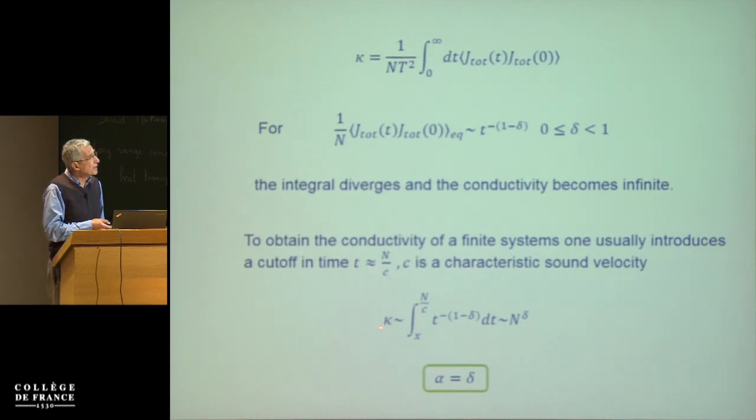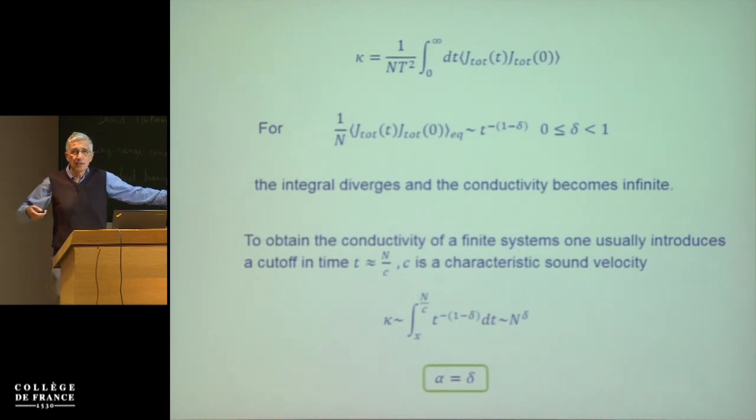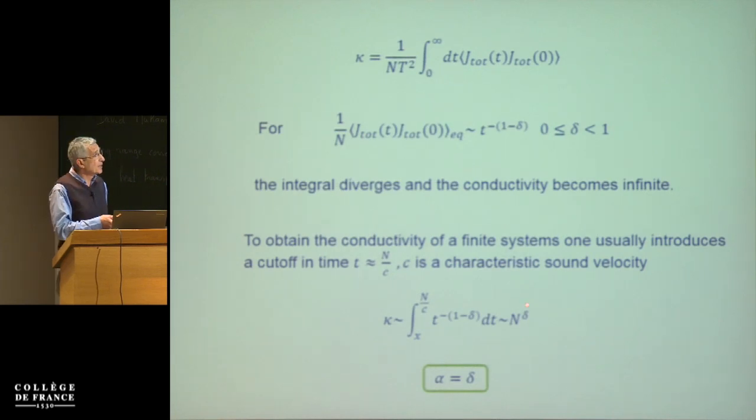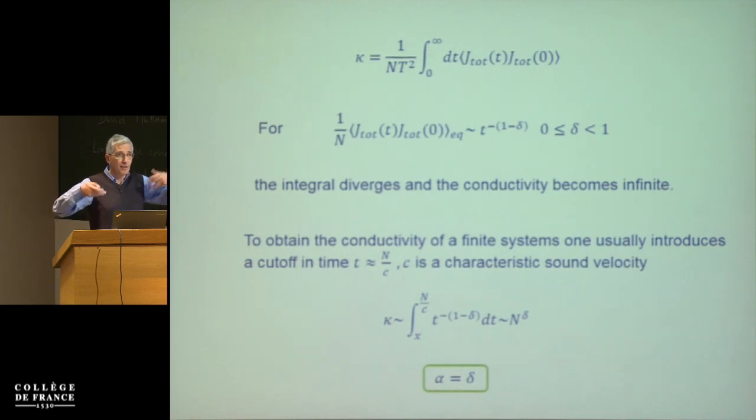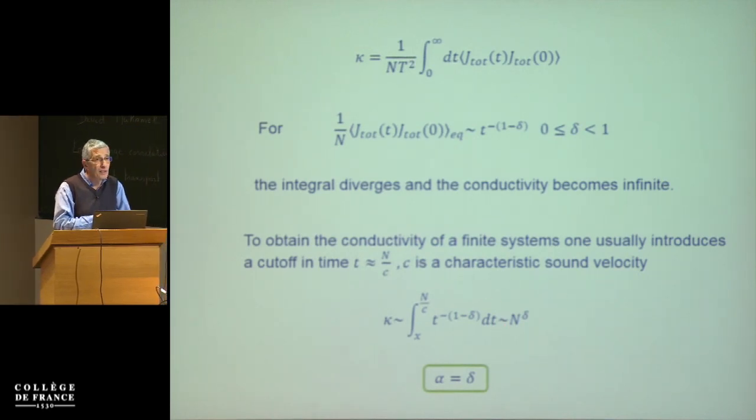And that gives that kappa goes like n to the power delta. So it gives the relation between the heat conductivity and the system size. And the delta turns out to be the same alpha that we talked about before, that the heat conductivity diverges with the system size like n to the power alpha.